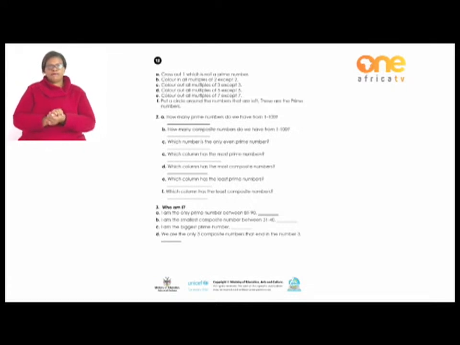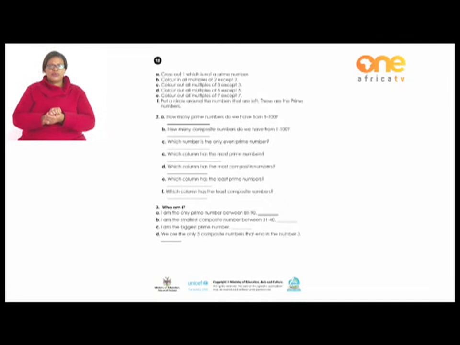And then 2C asks, which number is the only even number? If you have forgotten, not only even number, but only even prime number. Remember the word even, okay? It's like numbers that end with 2, 4, 6, 8, and 0. All right?